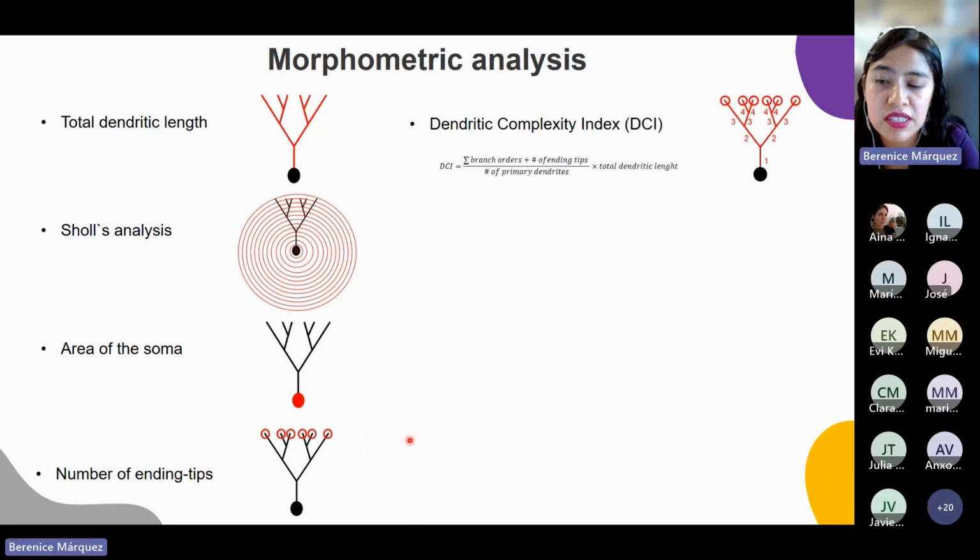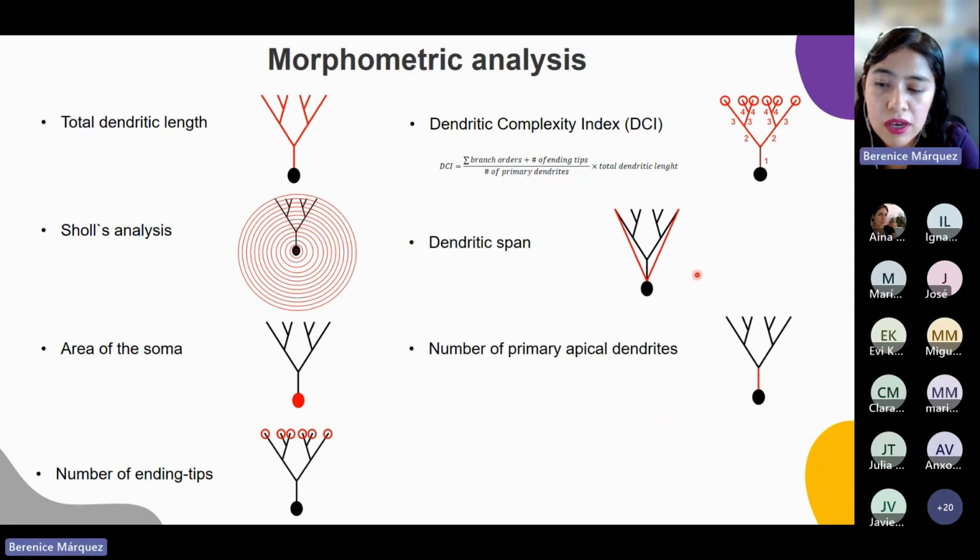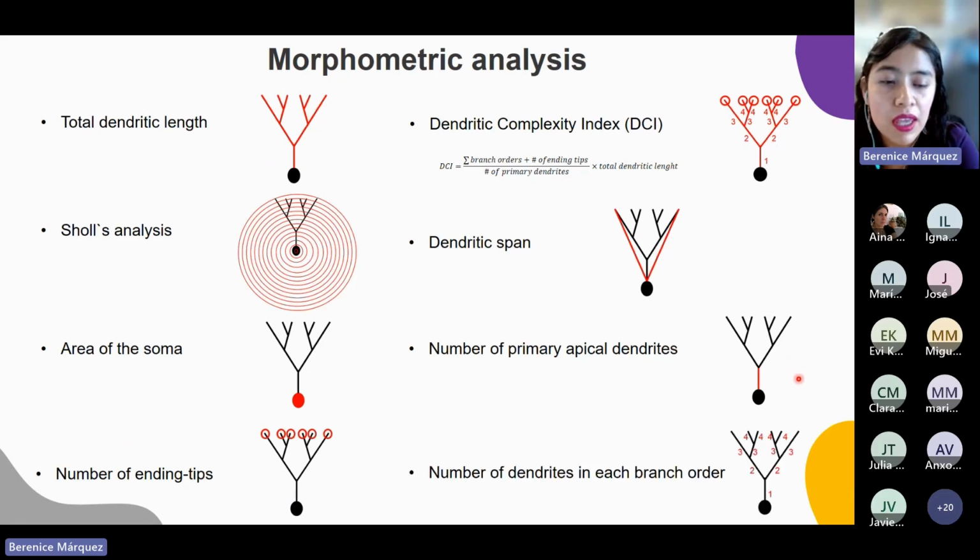Furthermore, the dendritic complexity index was determined using the following formula, which takes into account several parameters of the dendritic tree. We measure the dendritic span, and we count the number of primary apical dendrites in the cells. And finally, the number of dendrites in each branch order was quantified.